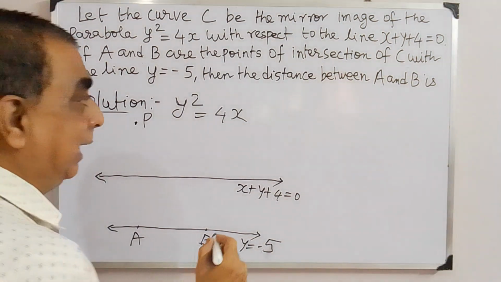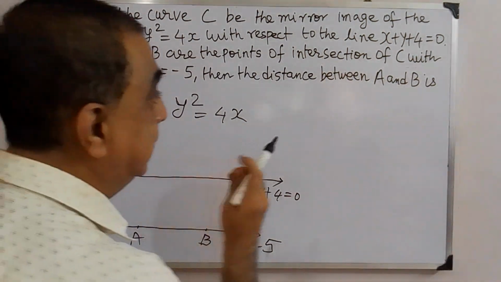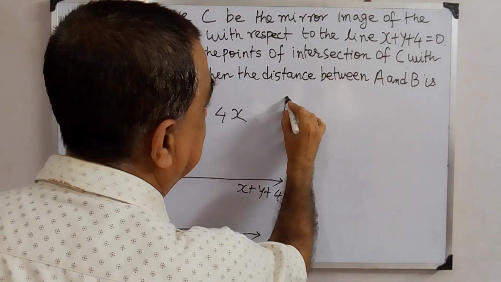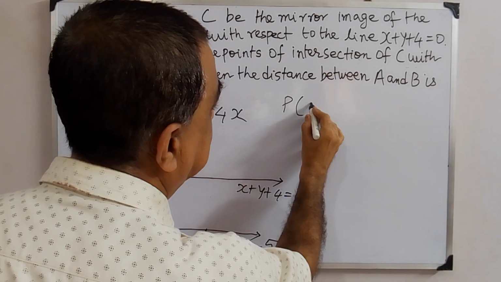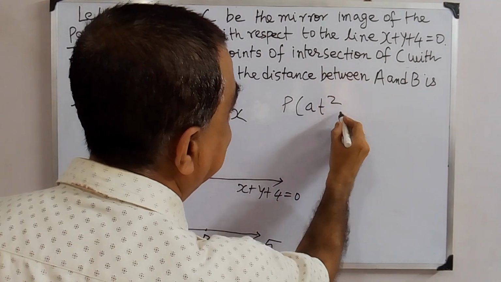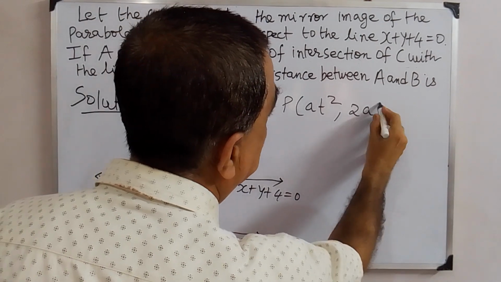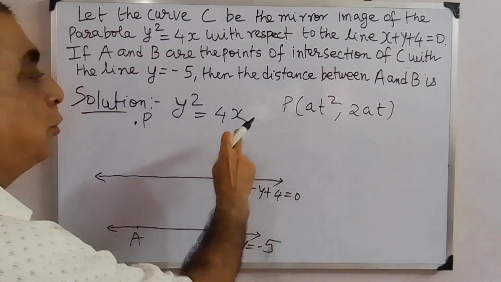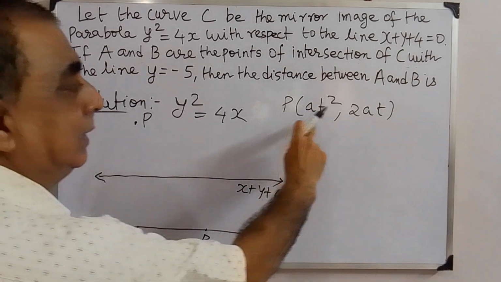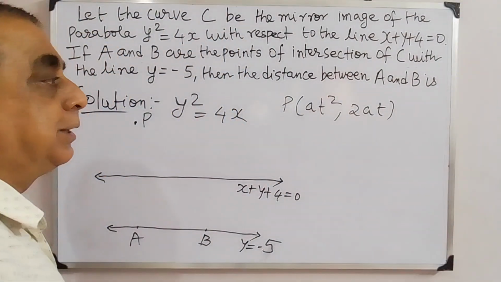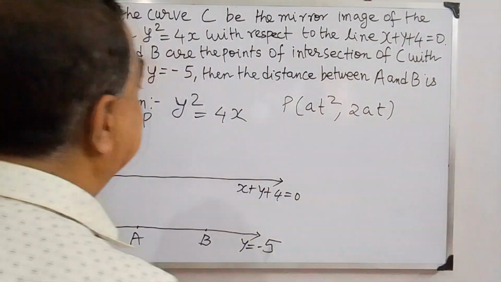The general coordinate of any point on the parabola is represented by (at squared, 2at). Here the x coordinate is at squared and the y coordinate is 2at.